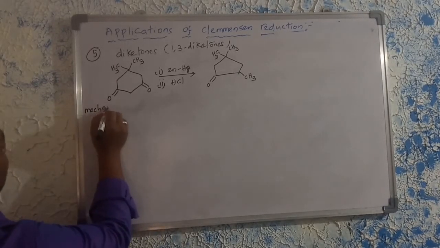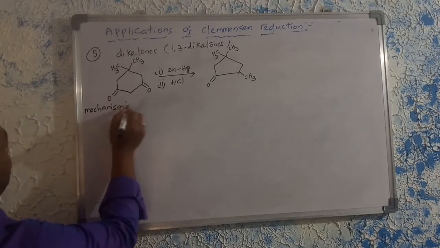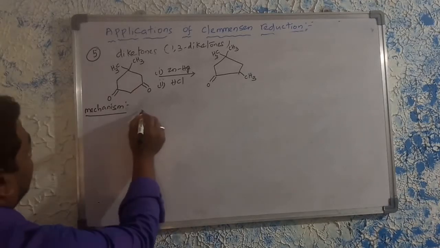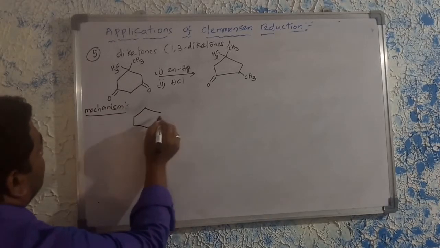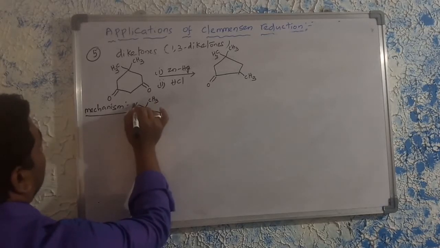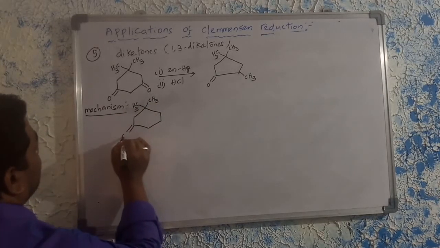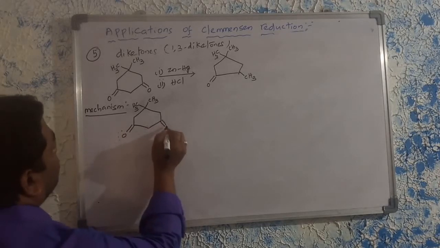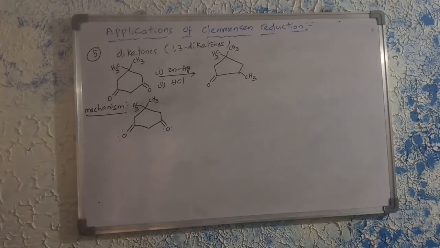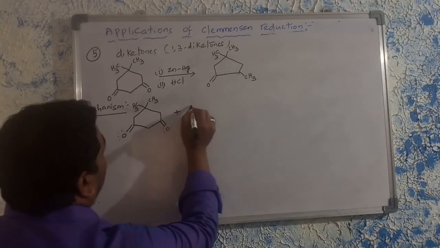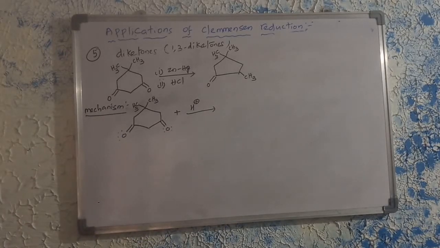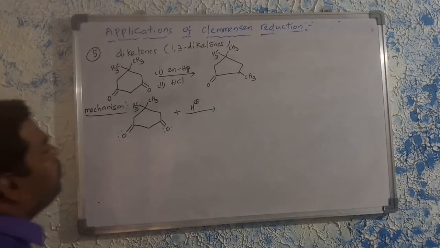Mechanism for this reaction. First we write CH3, C double bond O, here also C double bond O. So this is a 1,3 diketone. React the same way as in the previous example, under acidic condition, H plus.